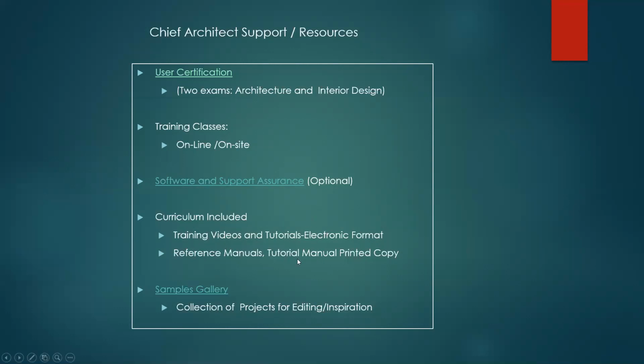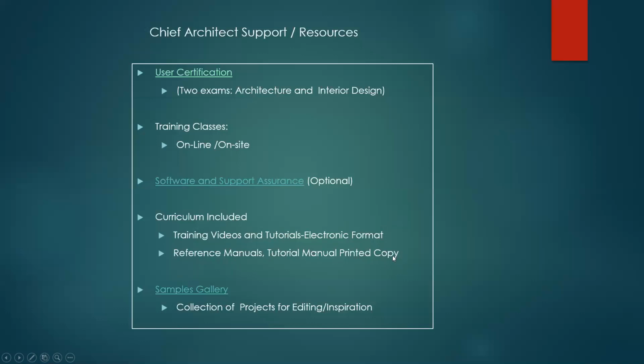Curriculum is included. We have training videos and tutorials in an electronic format. You can also get reference manuals and a tutorial manual in a printed copy. So all of this information, you get the electronic with the program.